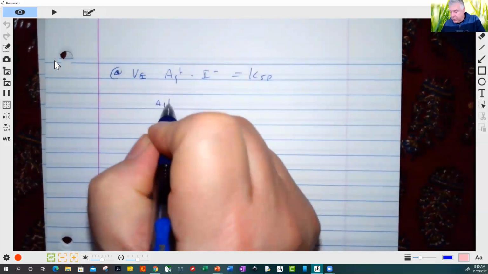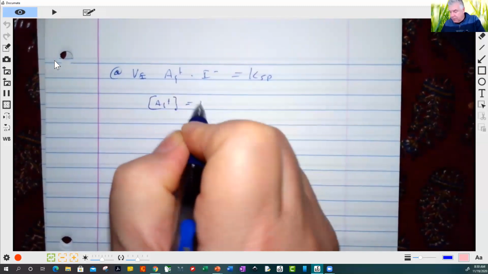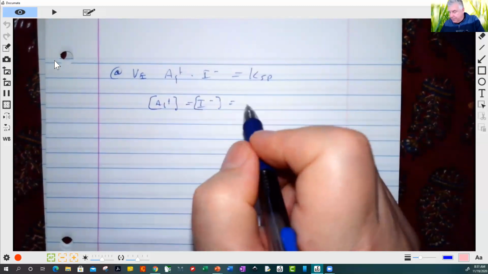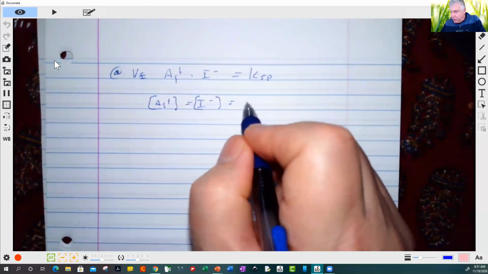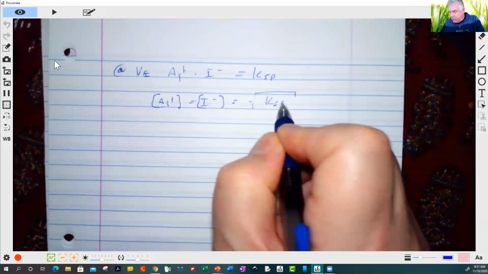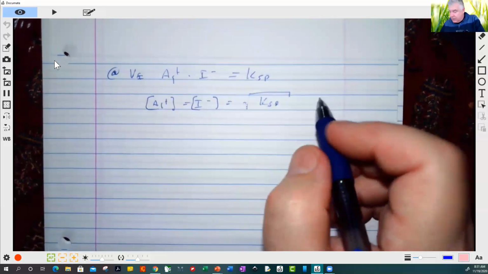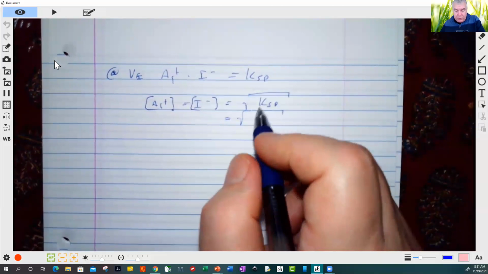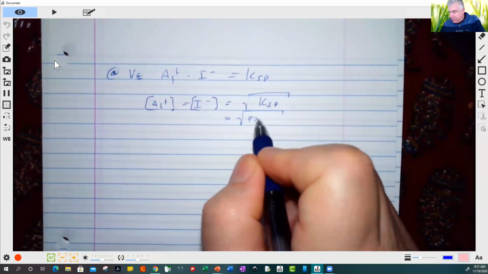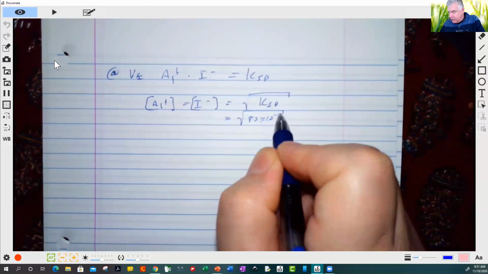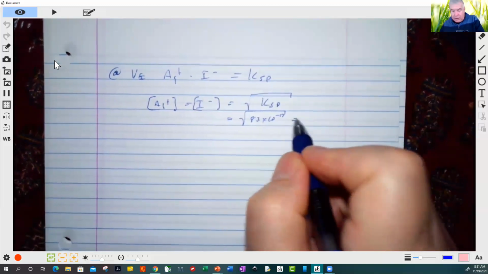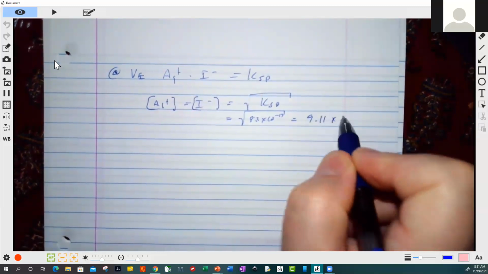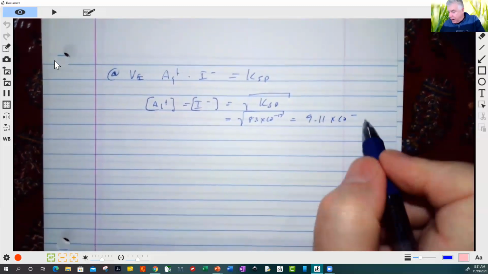So Ag plus equals I minus equals the square root of KSP, which is the square root of 8.3 times 10 to the minus 17, and that is 9.11 times 10 to the minus 9.